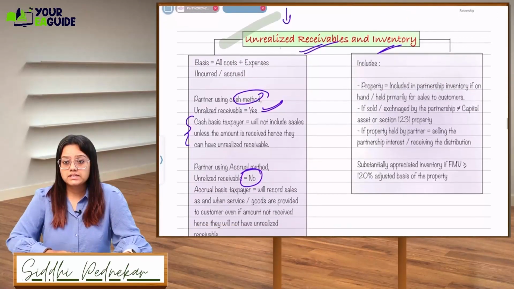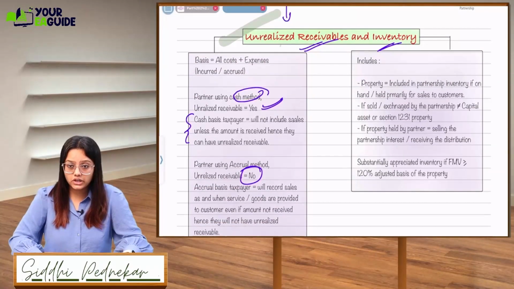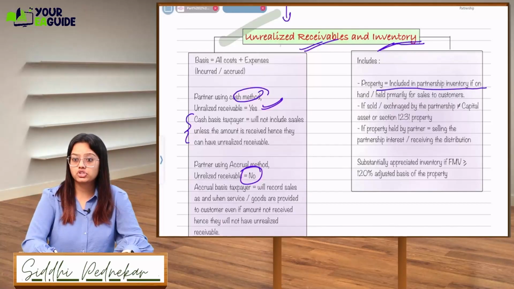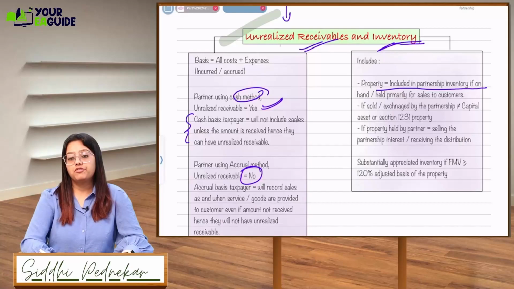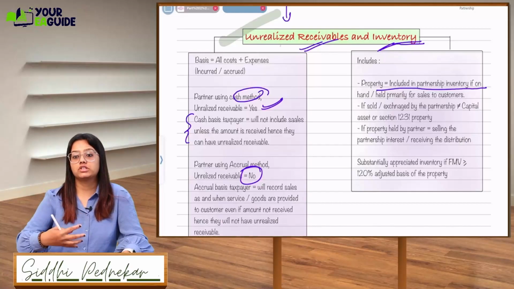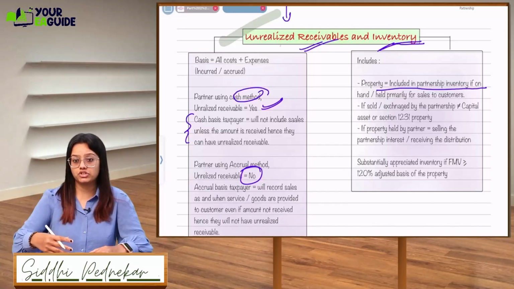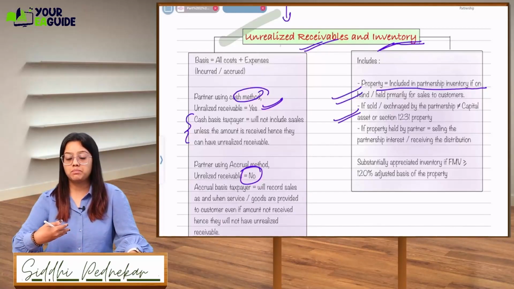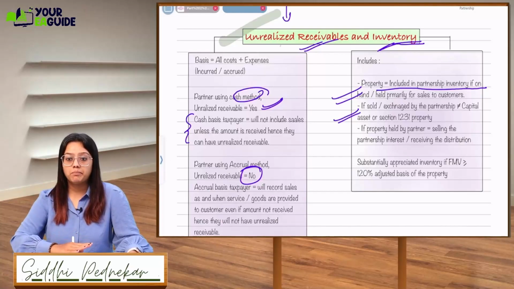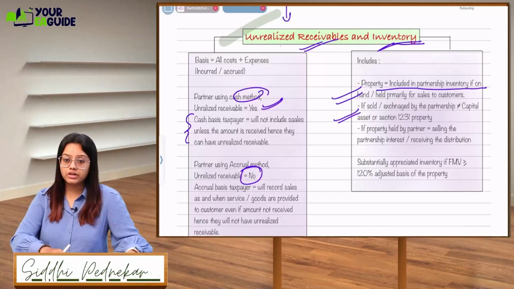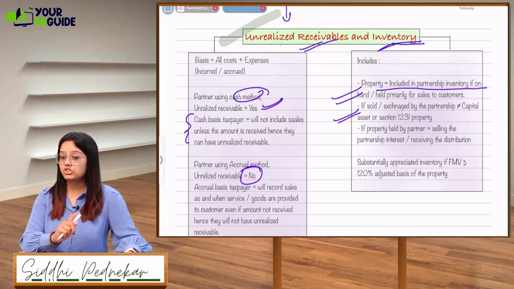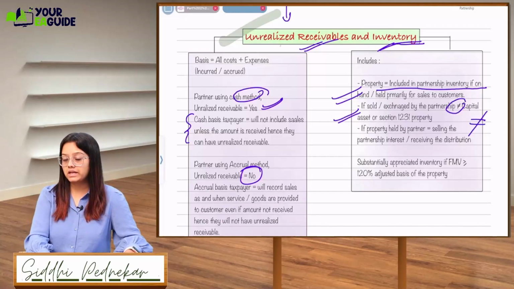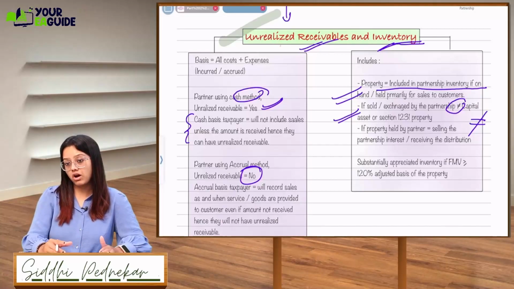Next, the inventory will include property included in the partnership inventory if on hand or held primarily for sale to customers. This is the meaning of inventory which is given over here. If the inventory is sold or exchanged by the partnership, and it is not a capital asset or a 1231 property, wherever in the book I have explained it in short form, it means it does not include this thing.